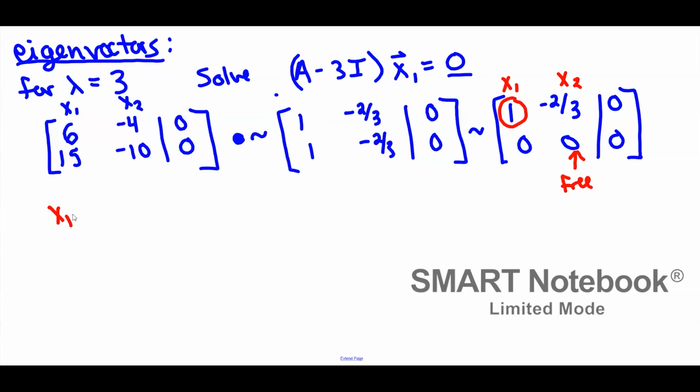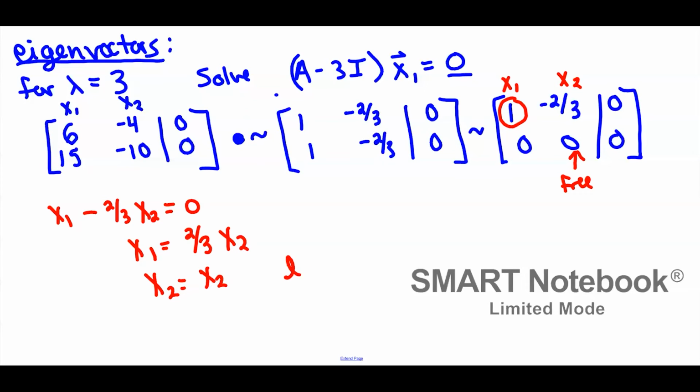So we get x1 is, well, let's write it out completely. Let's say x1 minus 2/3 x2 is equal to 0. That means x1 is positive 2/3 x2, and x2 is free. It's whatever we want to make it.